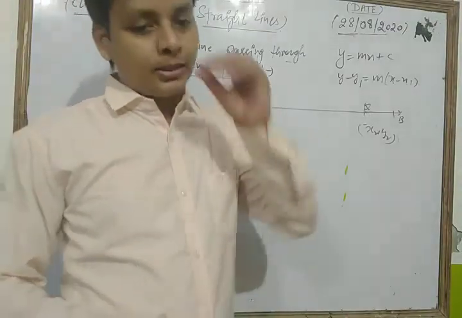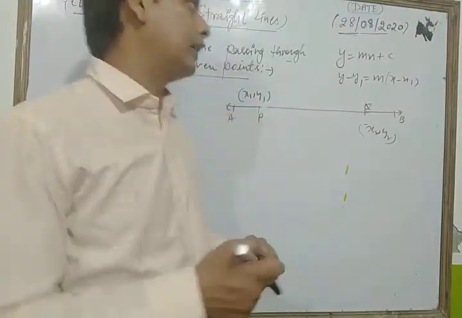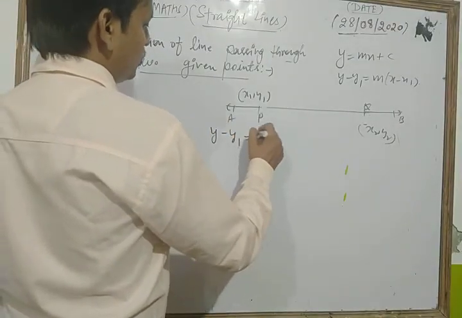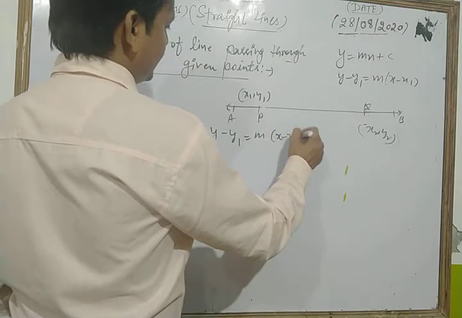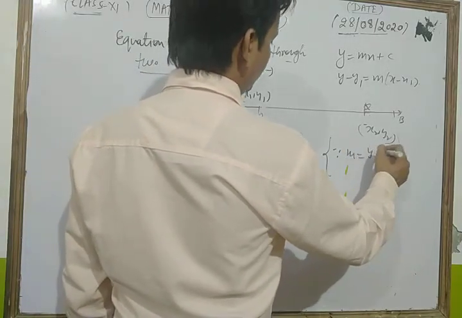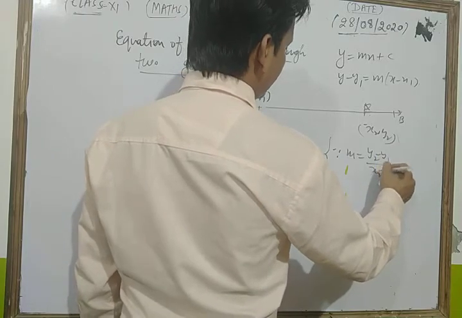Then in that condition the equation of line will be, since we know that y minus y1 = m(x minus x1), and you also know that m = (y2 minus y1) upon (x2 minus x1).